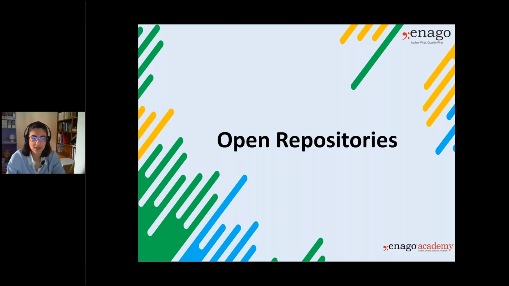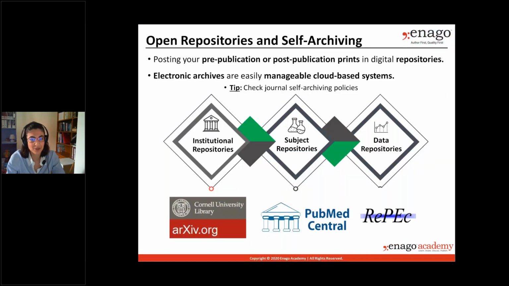Now let's switch pages and talk a little bit about open repositories. What's out there, advantages, limitations, and how they can be of use to you. Now, when it comes to open repositories and self-archiving, you can post your pre-publication or post-publication prints in digital repositories. And this, of course, needs to be done in accordance with the guidelines of the journal you will be publishing in.